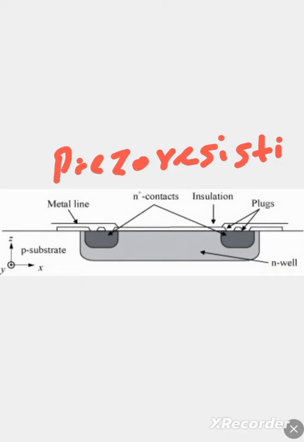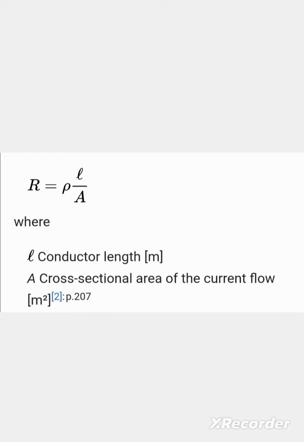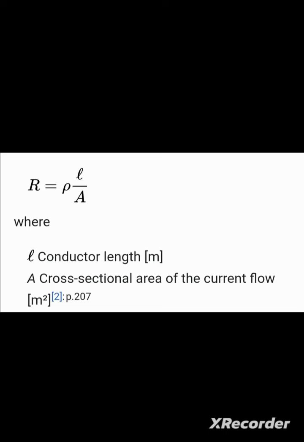Now let's have some mathematical expressions to understand this more. So this is the formula. In metals you have a resistance R that will be equated to resistivity rho multiplied by the ratio of length over area.